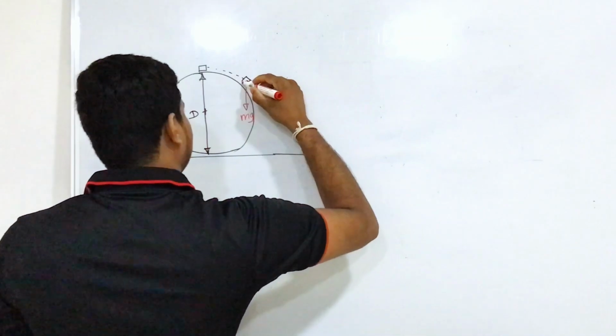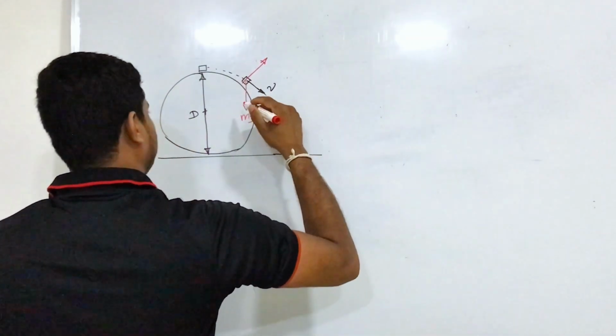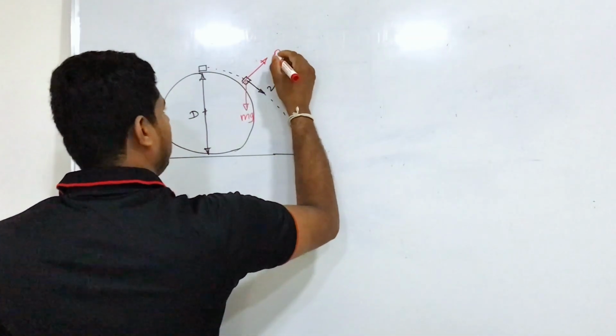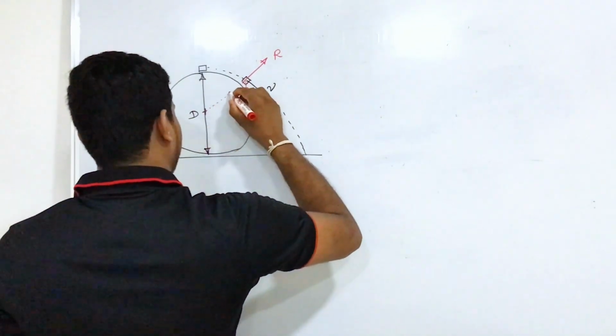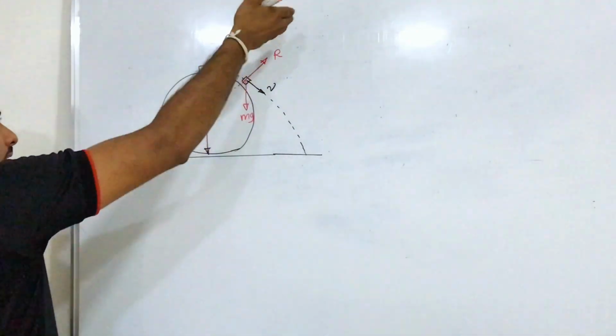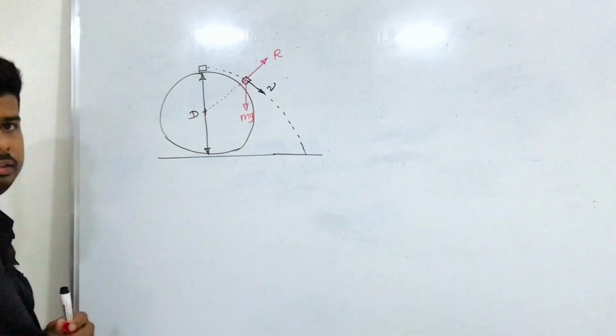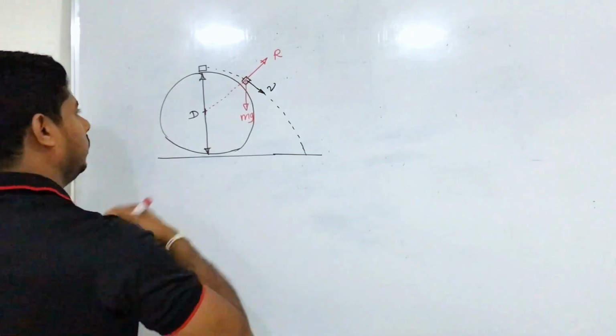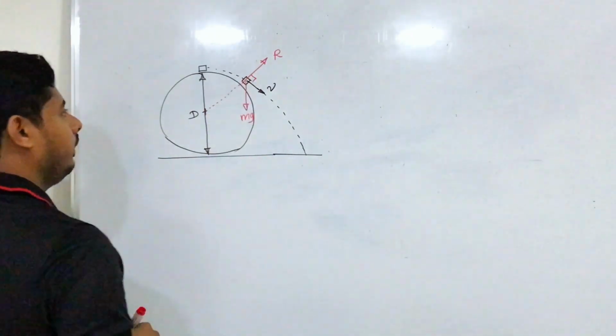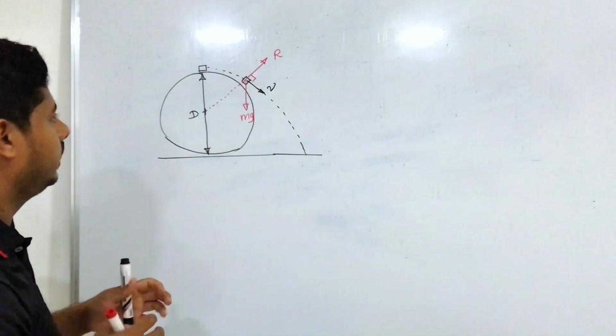So there's a perpendicular reaction force, which I will call R. If you extend this one, as this is perpendicular to a circular surface, it must pass through the center of the sphere. That is basic geometry. So these are the forces.